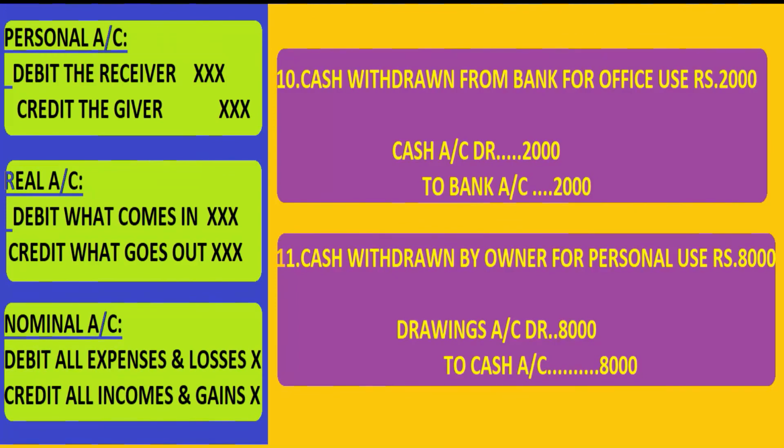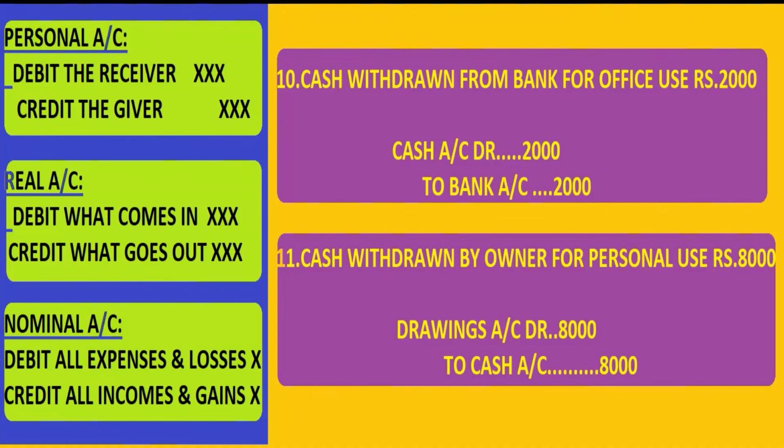Why, sir? Because behind drawings there is a person, that is the proprietor, the owner. So as per personal account rule, debit the receiver. So we have to debit drawings account. If you remember the first transaction, that is capital introduced in the business, and the last transaction, drawings by the owner.